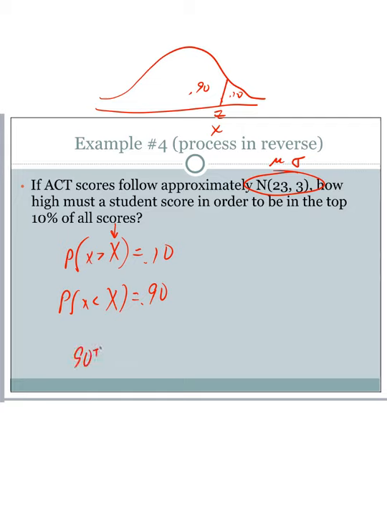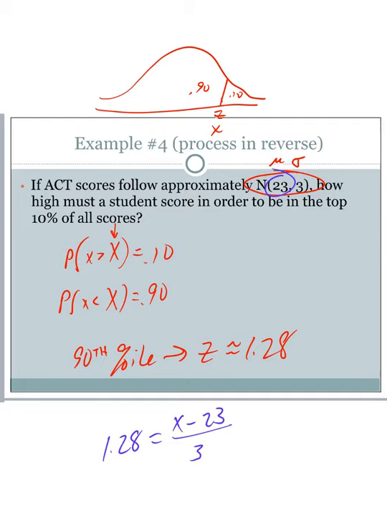So we're going to inverse norm here. We're just going to say the 90th percentile is, and I'll put an arrow there, a z-score of 1.28. And now we take that 1.28 and we put it in our formula. So 1.28 equals x minus mu, which was 23, over sigma, which was 3.